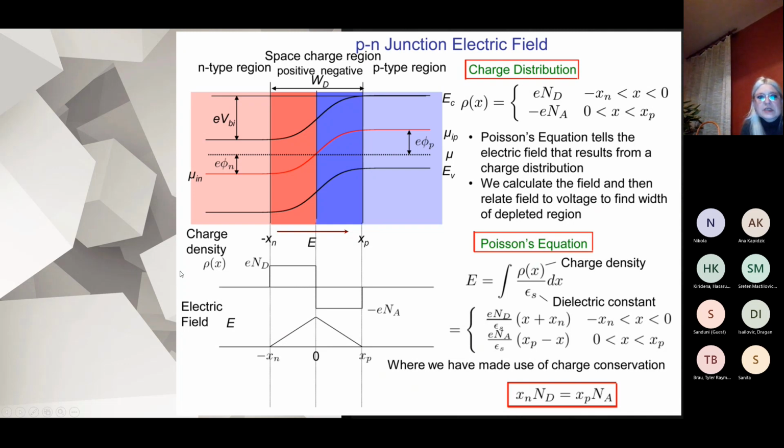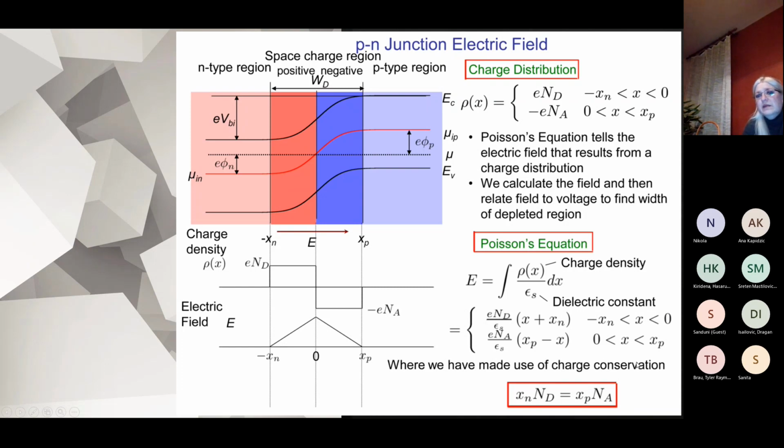And now the charge density can be represented here. For the positive species it goes up, and for the negative species it goes down. To calculate what is happening with the electric field, we can use the Poisson equation. We find the electric field by integrating the ratio between the charge density that we already defined and the electric constant.